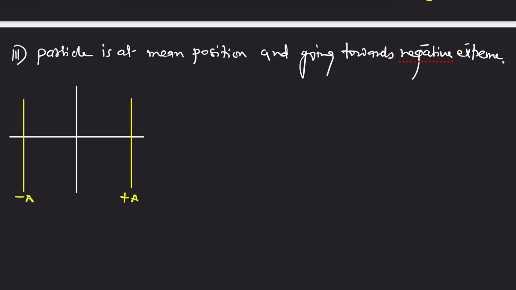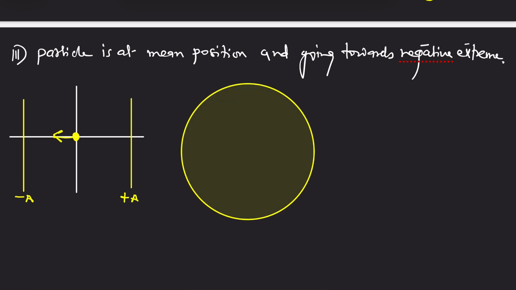So the particle would be right now here. Okay, and it will be aiming towards this guys. So if I make the phasor of this, how will it look like guys, it will look like here, this would be the phasor guys.